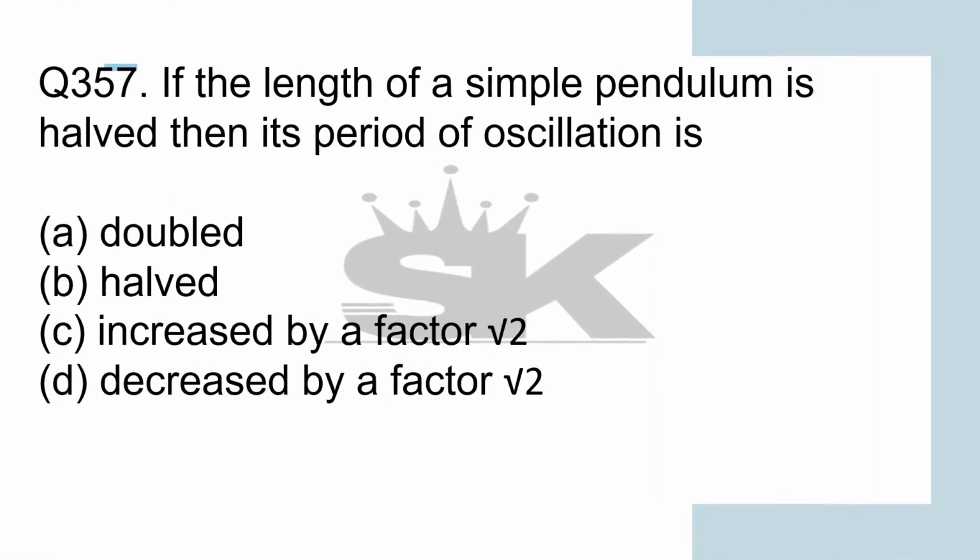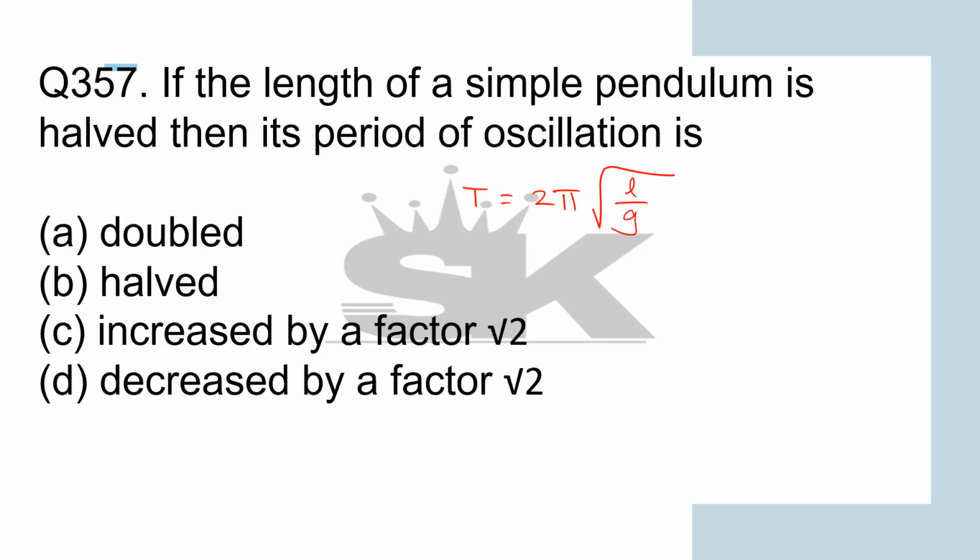If the length of a simple pendulum is half, then its period of oscillation is. So here the time period T equals 2 pi root L by g.